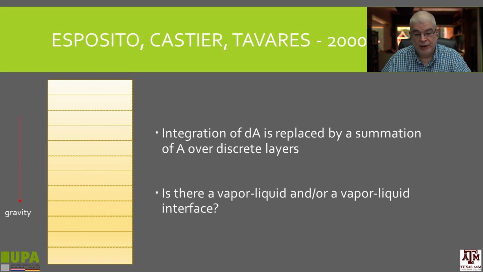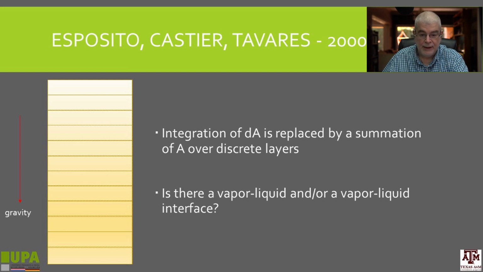And the way we approached it, well, if you have a smooth transition as an outcome of the effect of gravity, you need to integrate the value of dA over the whole region. This is essentially impossible to do analytically if you use any realistic or practical equation of state, so this has to be discretized, and this was the approach we took: to create discrete layers and add the effect of each of these layers.